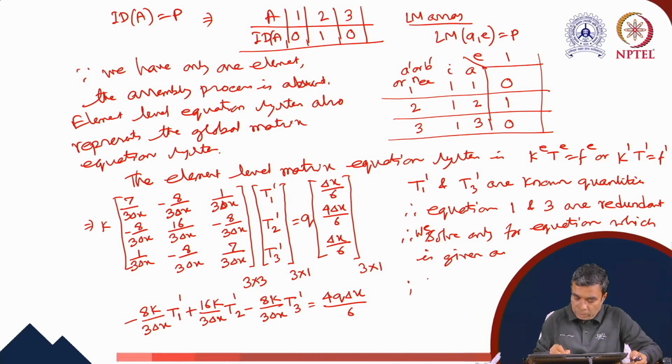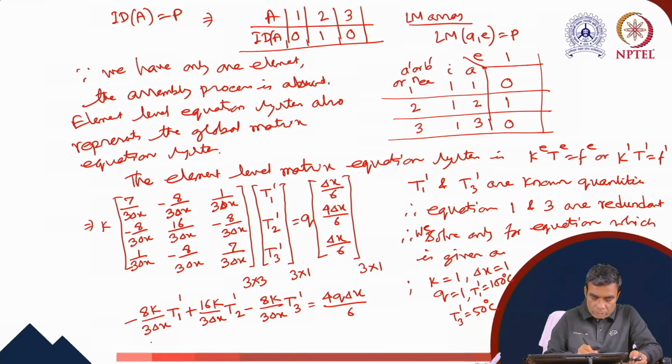Now we are given k equals 1 unit, delta x equals 1 unit, q equals 1 unit, T11 equals 100 degrees centigrade, and T31 equals 50 degrees centigrade.